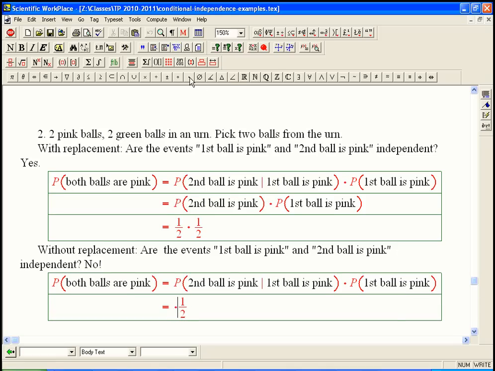But what about the probability the second ball is pink given that the first ball is pink? Well, I just use the basic idea of conditional probability. Let's say the first ball was pink, and so I've picked a pink ball out. New situation: it's the probability that I pick a pink ball out of an urn with 2 green balls and 1 pink ball. There's only 1 pink ball out of the 3, so it's going to be 1/3. And so total, it's going to be 1/6.